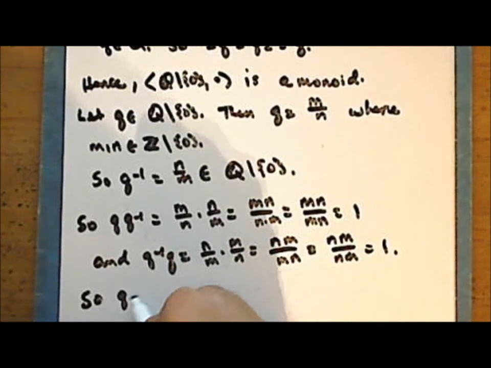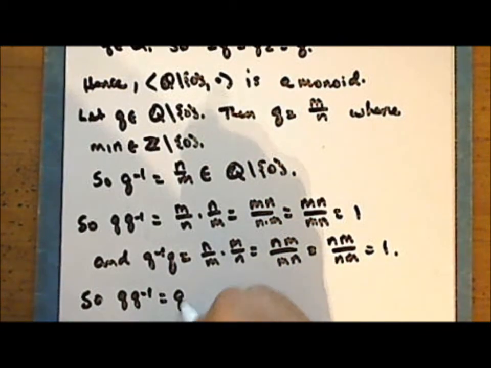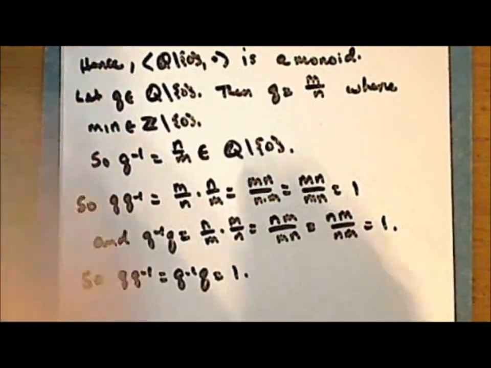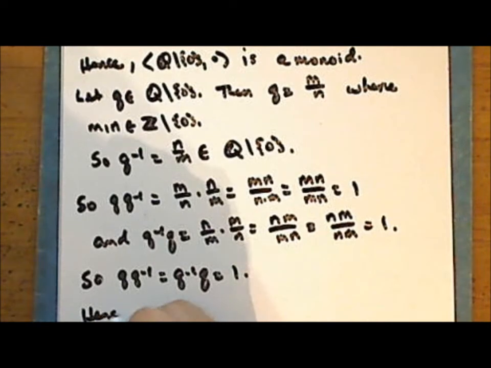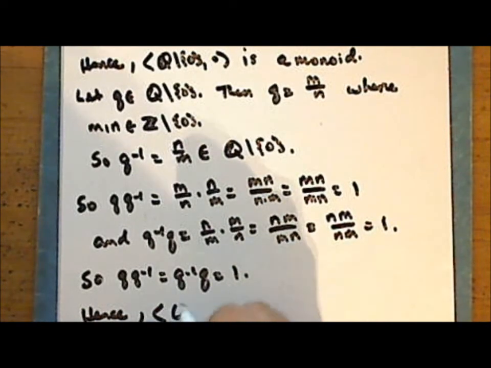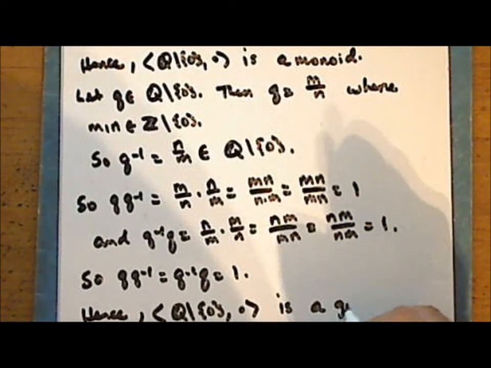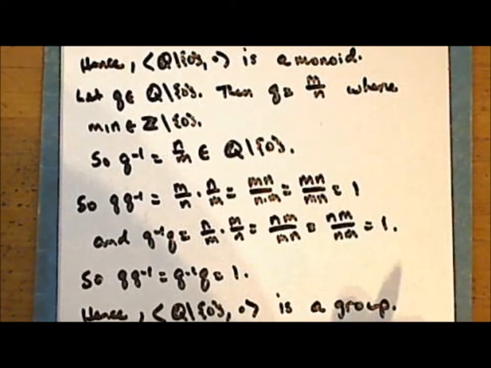And so we have that q times q inverse is the same as q inverse times q, which is 1. And so every non-zero rational number has a multiplicative inverse, and hence the structure consisting of the non-zero rational numbers under multiplication is a group.